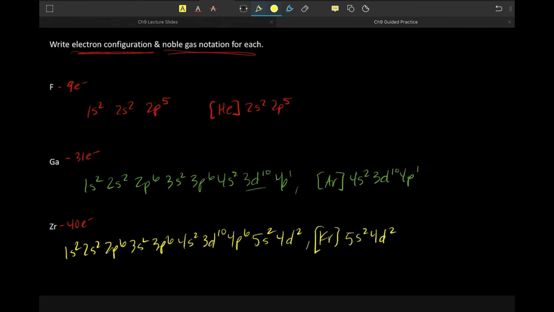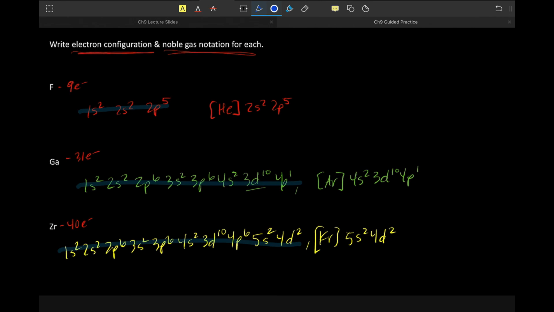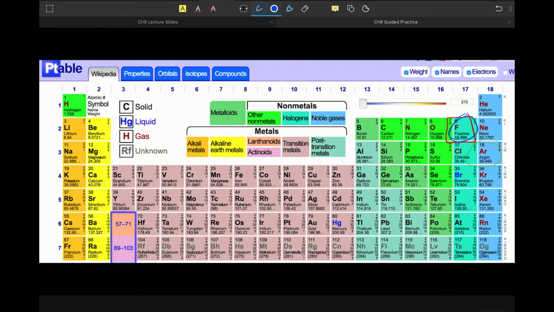Okay, so if we're looking at how to do these, this part should be pretty straightforward because that's just following the filling order that is in the book and in the lecture from yesterday. For the noble gas notation, we use the abbreviation of the noble gas before. For fluorine, it's not much of a shorthand, because helium is the noble gas before it.